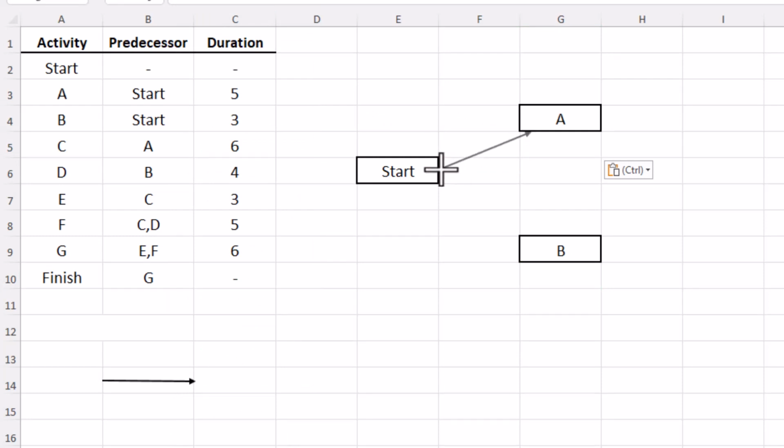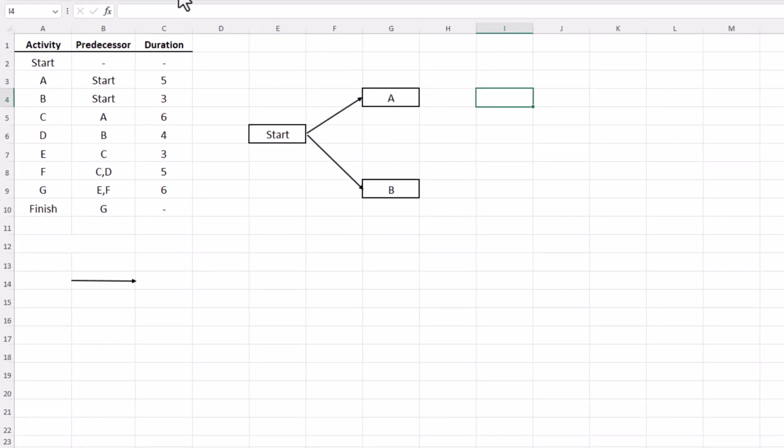So the arrow signifies the precedence relationship. Okay, now I'm ready to draw activity C. So I'll place activity C in this cell here.